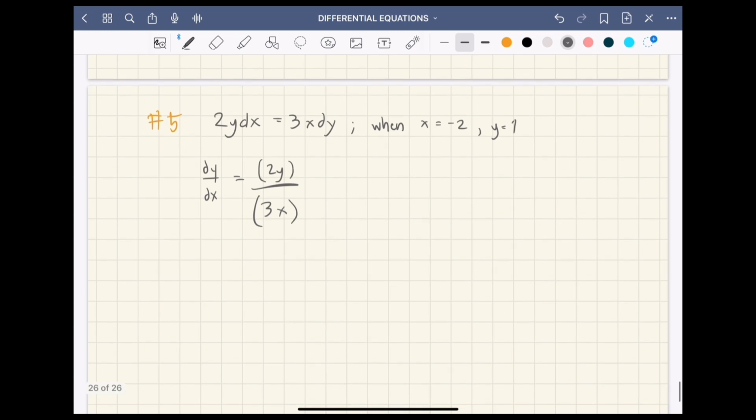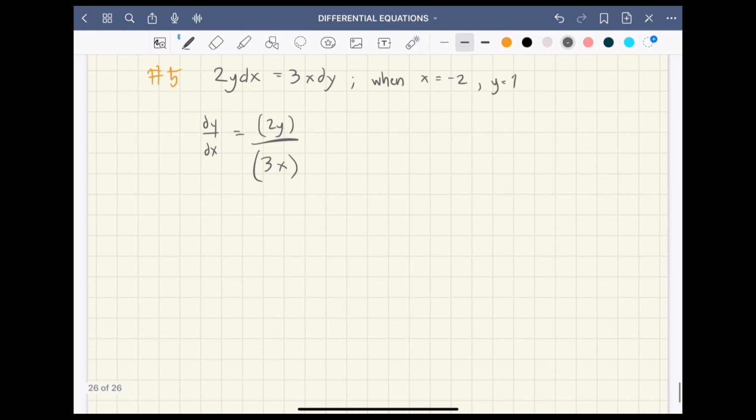Now we can separate these variables on each side of the equation. So 1 over y dy equals 2 over 3x dx.